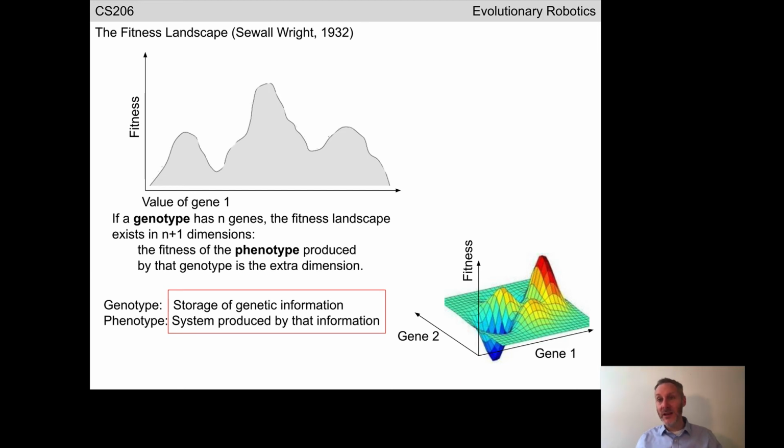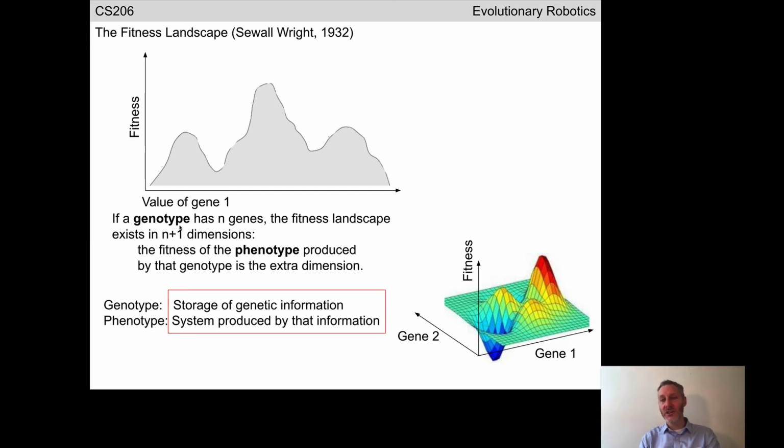This landscape is meant to be metaphorical. It's mathematical. It doesn't exist in reality. Let's imagine that we think about the genotype of a given species, or the genotype of a robot for our purposes. A genotype is always made up of a number of genes. And the fitness landscape is going to exist in one additional dimension beyond the number of genes.